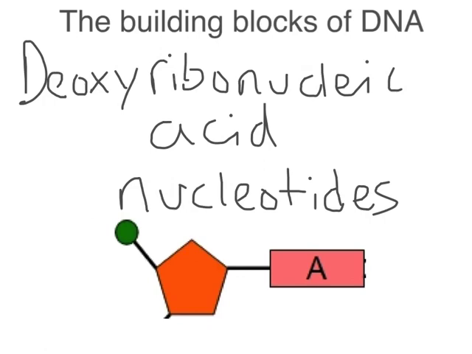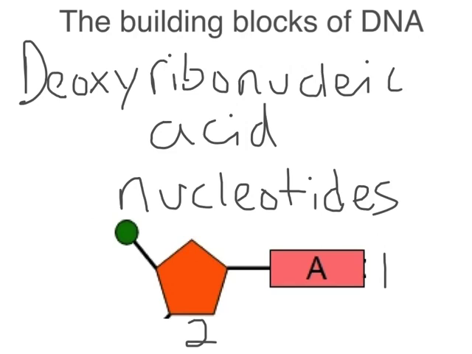Now, what are the parts of this nucleotide? We have three parts. Number one, right here, we have what is called a nitrogenous base, spelled nitrogenous. And there are four different ones, which we'll talk about in a second. Number two, we have a sugar.